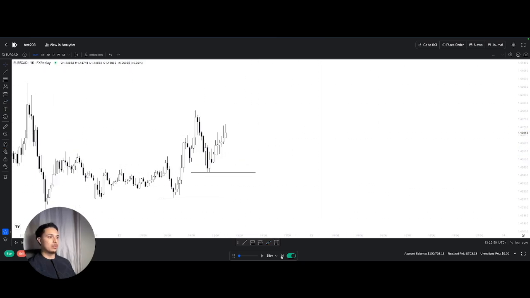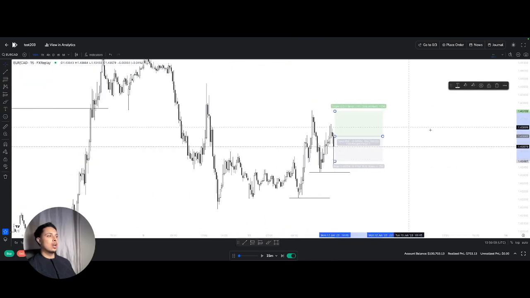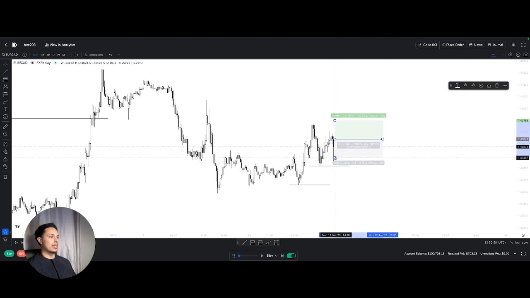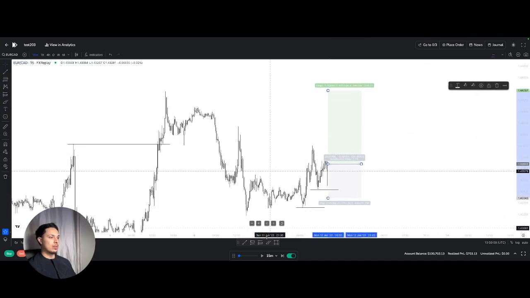So let's see what happens. Okay, from here, if we then see a bullish continuation, and again, I can't see this in live time. So this is how I would play it, 30 pip stop loss. So not only does it give me a buffer beneath it, if price comes lower, we're good to take this. Let's see how this plays out.